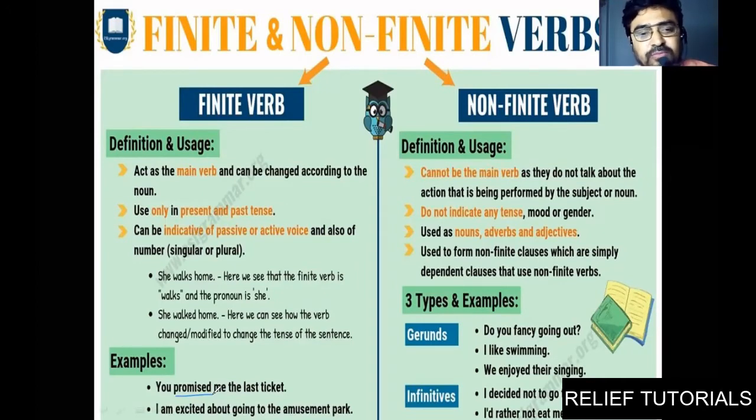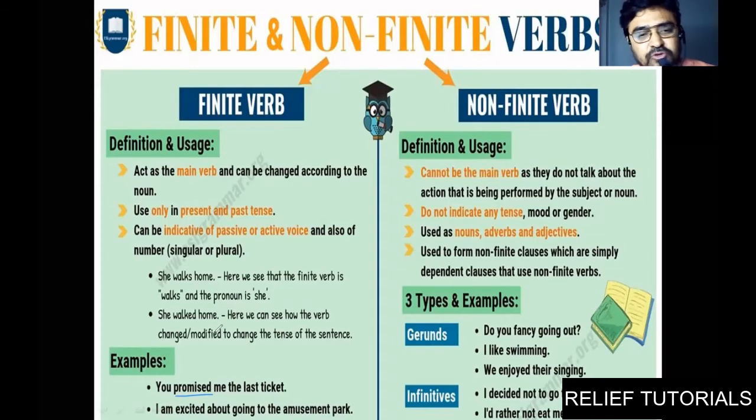So its form varies from tense to tense. It can be indicative of passive or active voice. If you convert the same sentence into passive voice, "I was promised by you." So again, this promise is changed into was promised. So it changes even according to voice, active or passive.